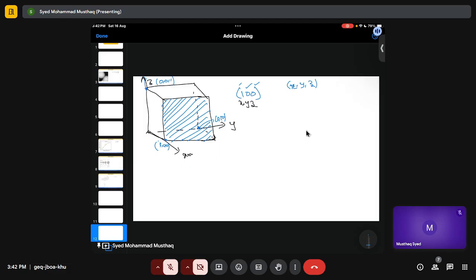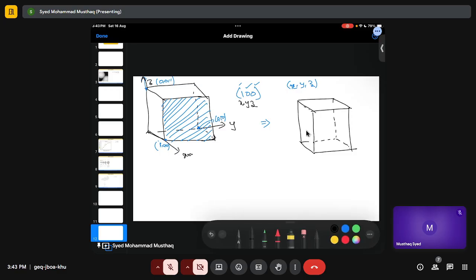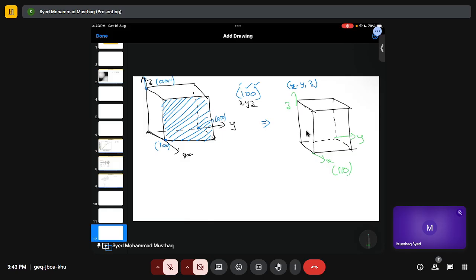Now, moving on, let me draw again. Let me represent x, y, z. This is the 1, 1, 0 plane. Any guesses? It should cut the x-axis here and the y-axis here.